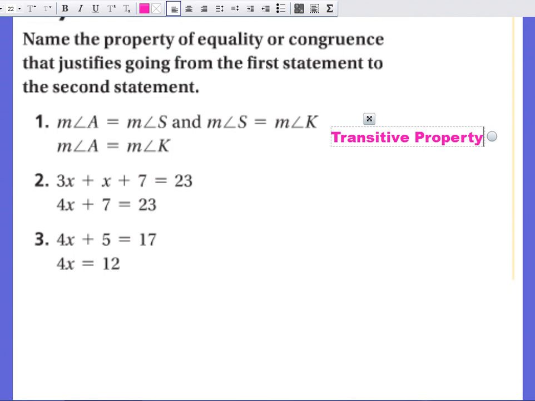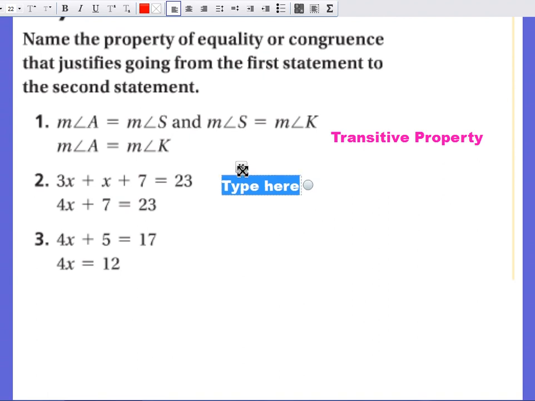Next one. We've got 3x plus 7 equals 23, then we go to 4x plus 7 equals 23. What did we do? We combined like terms. Some of these, I really didn't talk about. If these pieces are already equal and you just combine some like terms, they're still going to be equal. There's a couple of things you could put here.